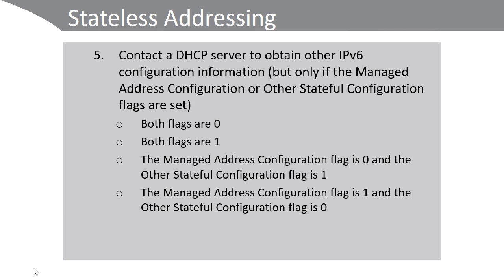So these are the 4 possible permutations of those 2 flags. And remember, only if the managed address configuration or other stateful configuration flags are set on, or 1, will it contact a DHCP server for further configuration.